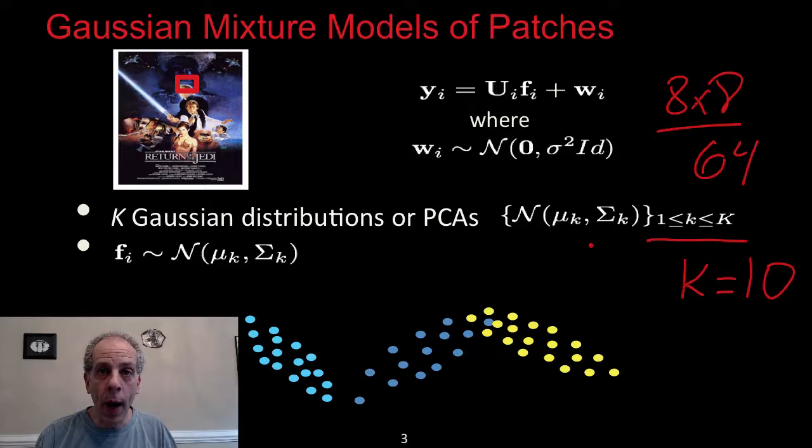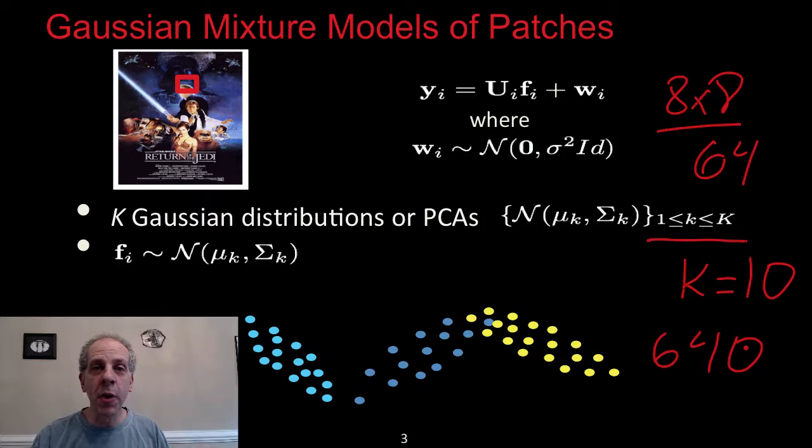So each one of the Gaussians, let's say 10, gives us 64 atoms. We end up with a dictionary of 640 atoms in this case, but in a very particular form, because each block of 64 atoms are the eigenvectors that correspond to this covariance matrix. So that's our structure right now. And the basic idea is that each one of the patches is modeled by one and only one of these.